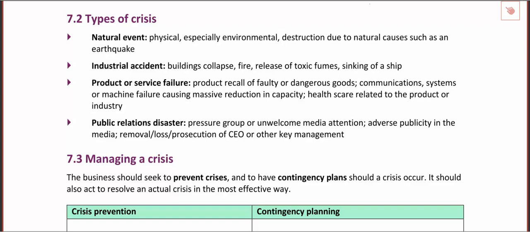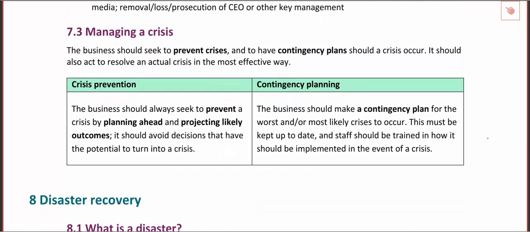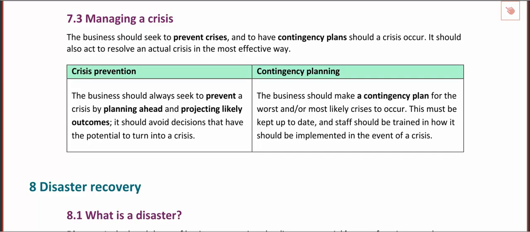That's then going to lead on to the fourth type there, public relations disaster. So in terms of how we manage these things, it's important to both consider preventing the problem and also thinking about, well, what happens, what's my contingency plan for when it does happen.